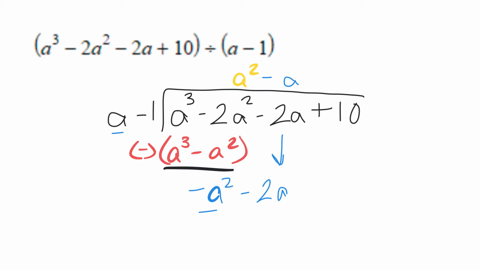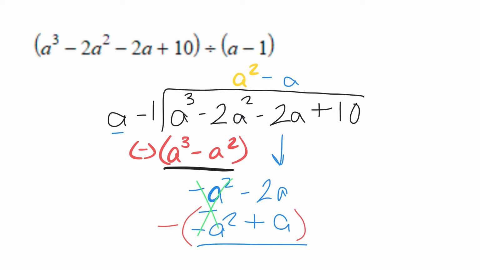So negative a times a minus 1 is negative a squared plus a. It's very important you keep those signs because this is a negative a times a negative 1. It's positive a. But we need to remember that this is all doing the opposite of. So these cancel.